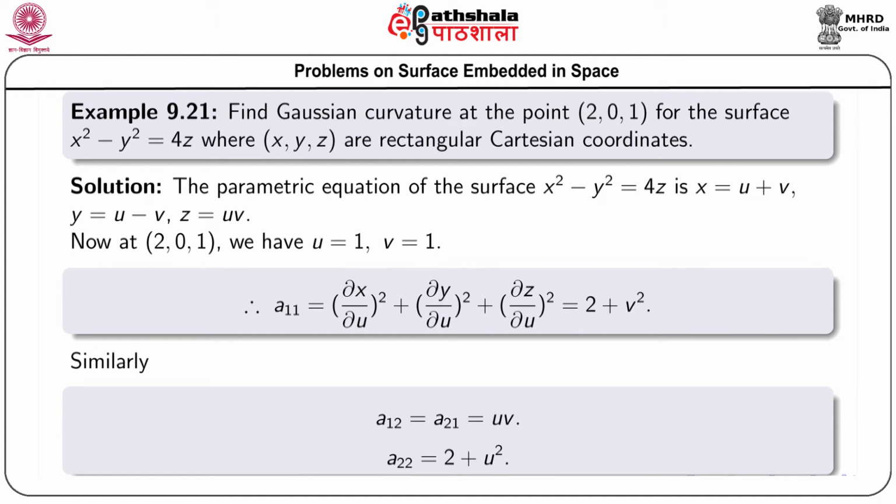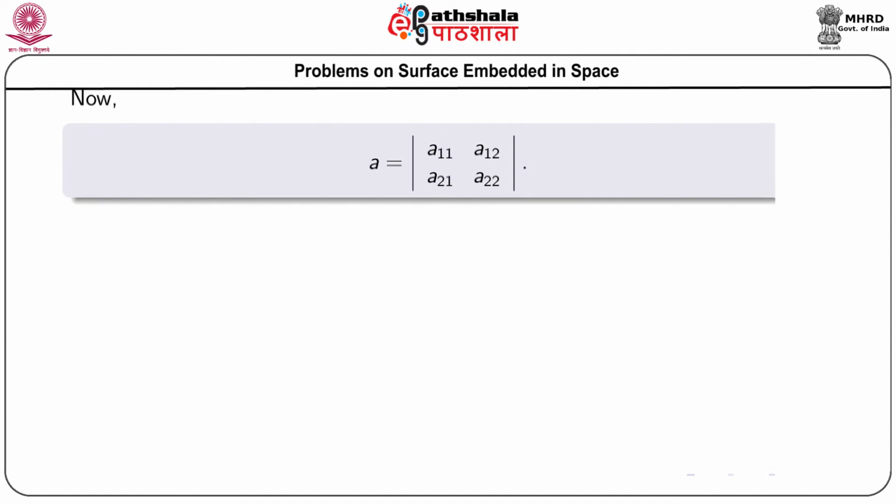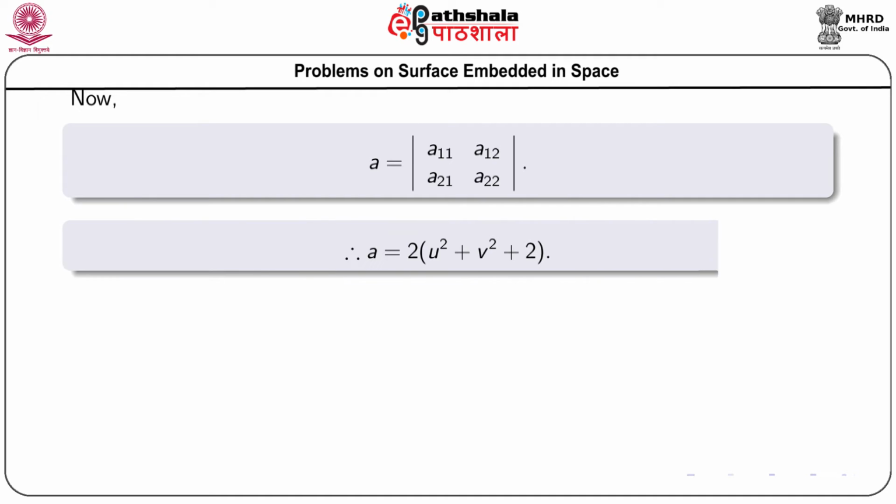So, we can find the determinant of a alpha beta, that is the value of a, which is equal to the determinant of a11, a12, a21, a22, and if we put the values, we get a equals 2 times (u square plus v square plus 2).